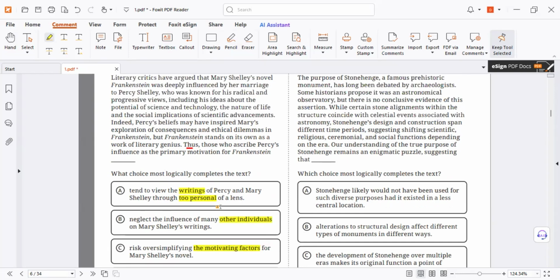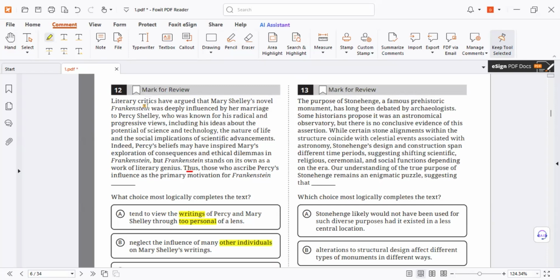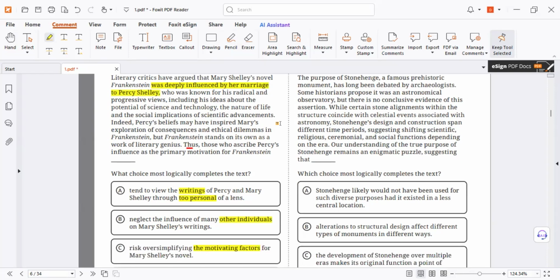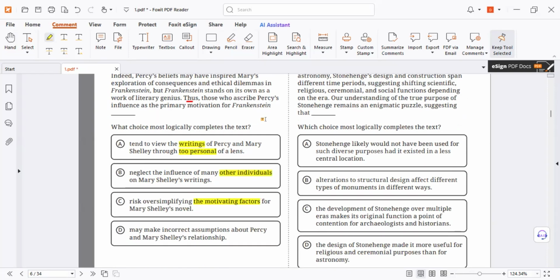Let's see here an example about this one. Was deeply influenced by her marriage. So influence means here what motivated you to do something. So he focused on the marriage as a motivation. But the critics perhaps neglect or ignore the other motivation factors.